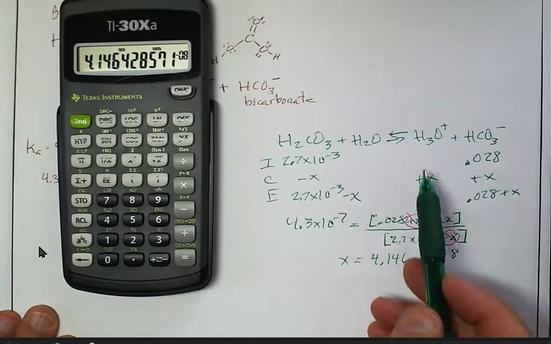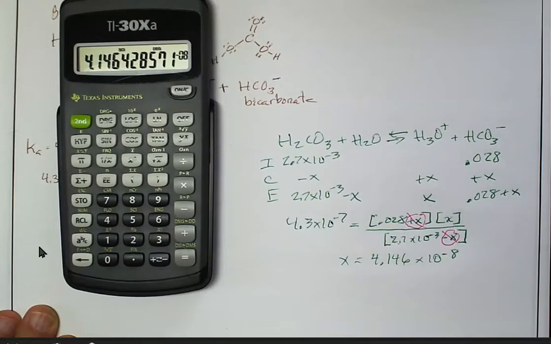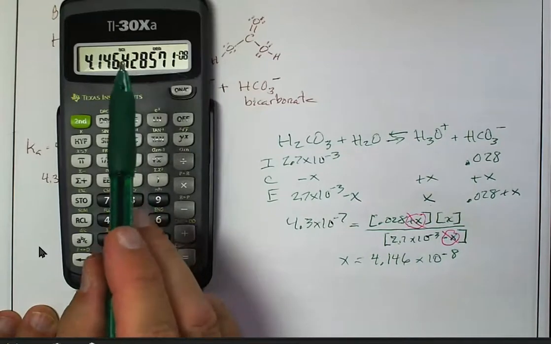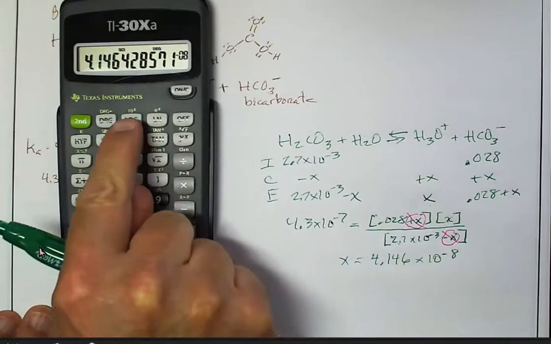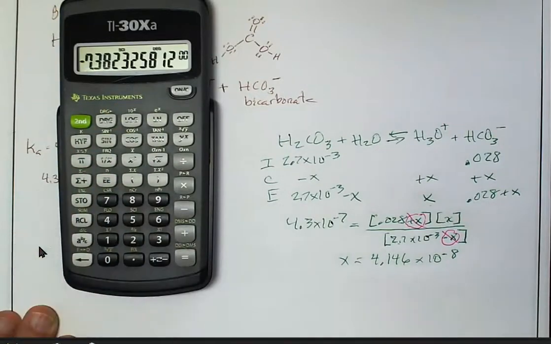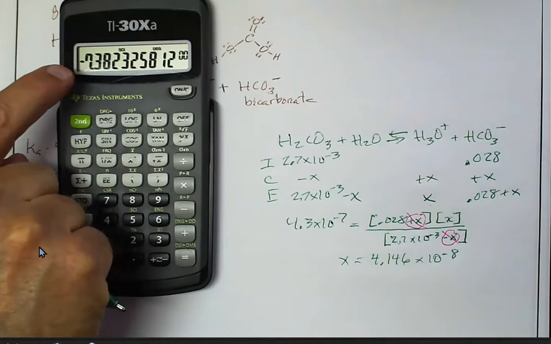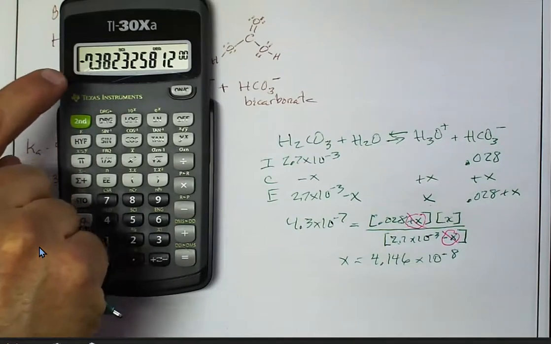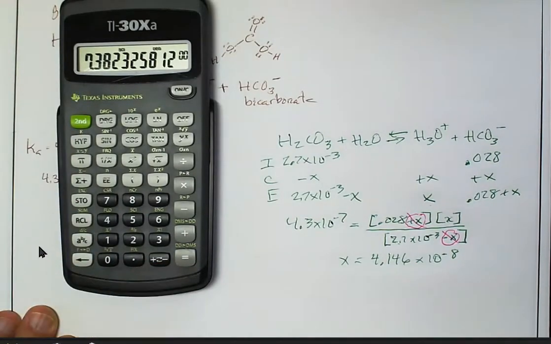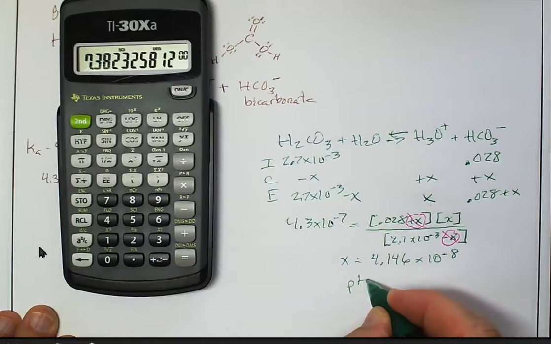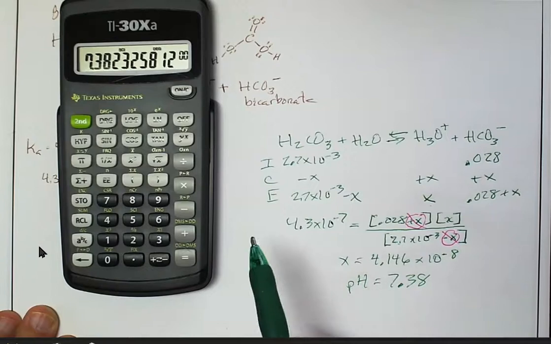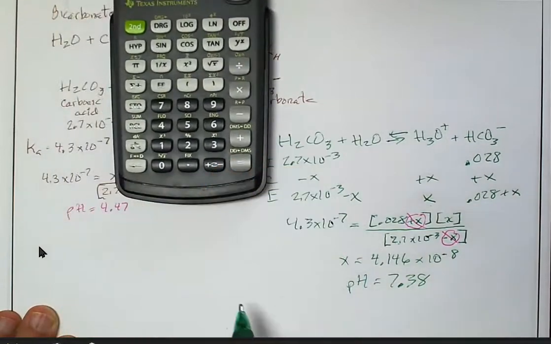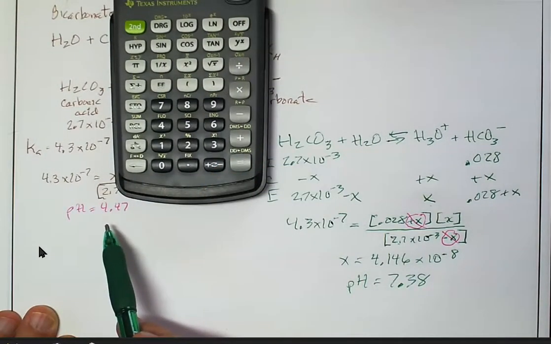What did x represent? It's the hydronium ion concentration. So to get the pH, we take the negative of the logarithm of this number. So let's get the logarithm first. And now we want the negative of that. So what's the negative of negative 7.38? Well, yes, it's positive 7.38. And that, you can see, is a good bit higher than 4.47.